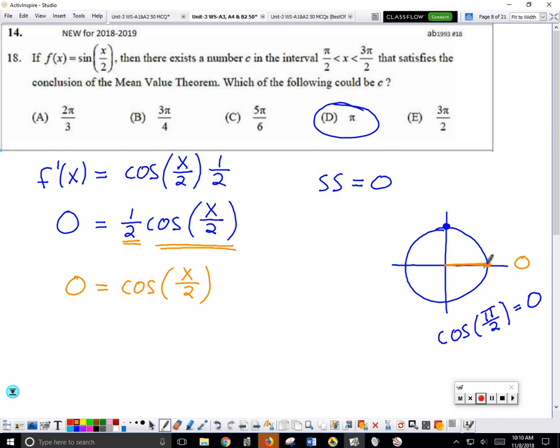So the cosine of 0 is 1, that doesn't work. As I move along the circle, I can go to other places, but the distance still isn't 0. Until it's at the top. Right. What angle is that? That's 90 degrees. In radians, pi over 2. Yeah, always radians for this class. You're fine. So I figured out, hey, the cosine of pi over 2 is 0. So if the x I pick is pi, this works.